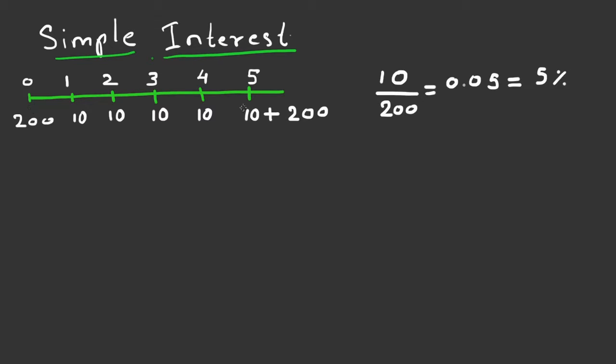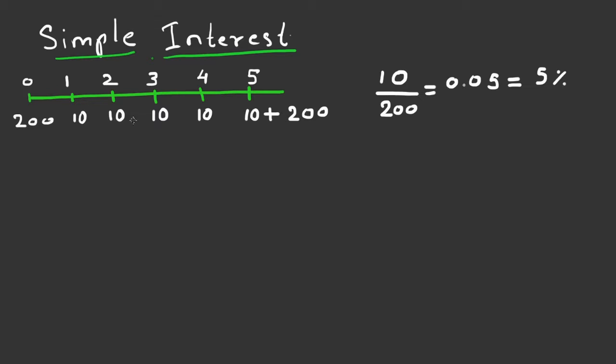So in this case the interest rate is 5%. So in other words, I can say at the end of each period 5% interest of principal is accrued. At the last year the principal is also paid.